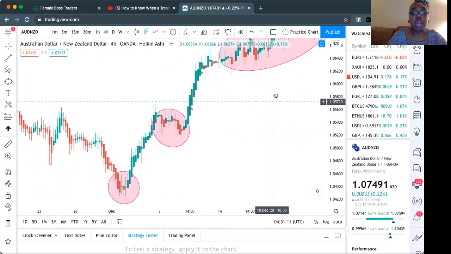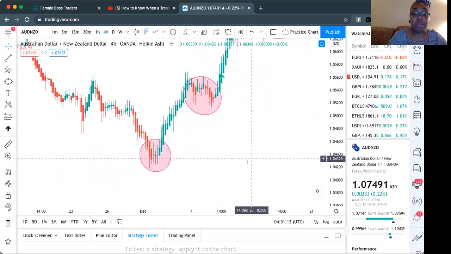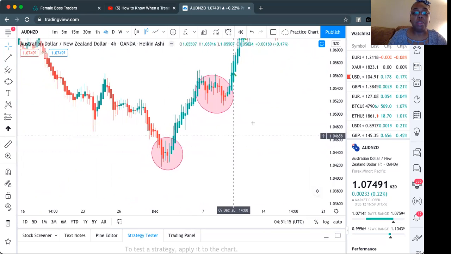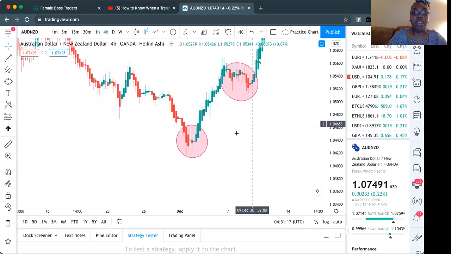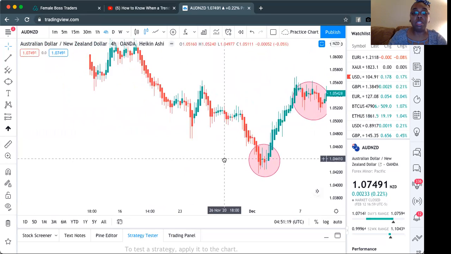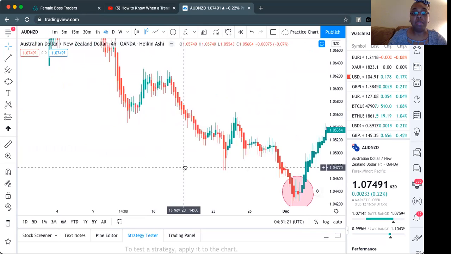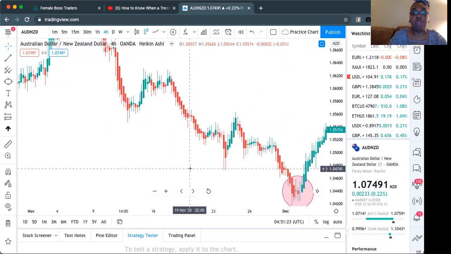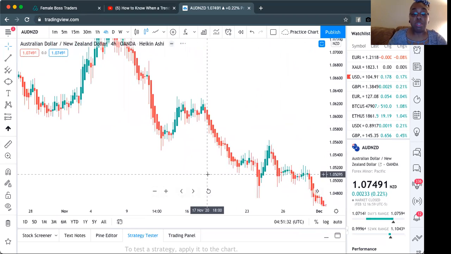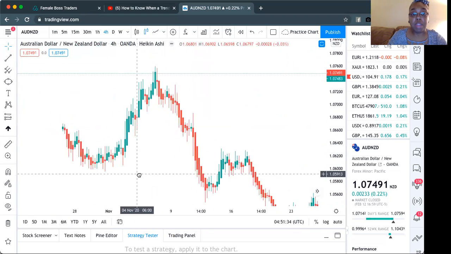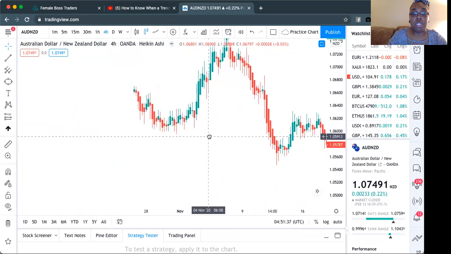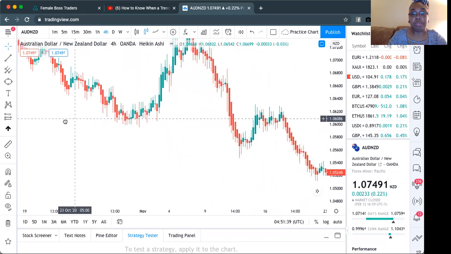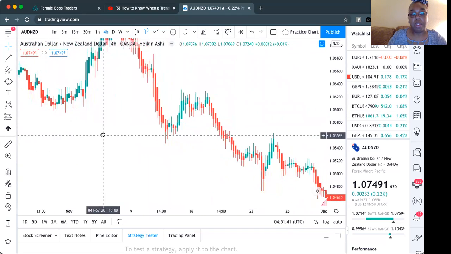Especially because that's going to help you identify when the trend has ended and when it's transitioned over to the next trend. If there's a downtrend, which means sellers have taken over, then you need to know when the buyers are about to take over. Otherwise you're going to lose your money if you're not aware of the transition.